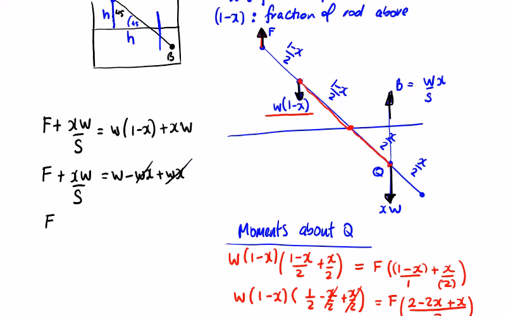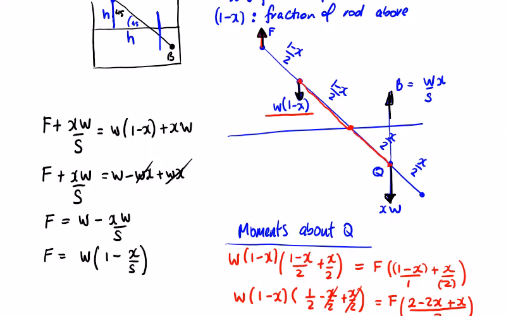So we're going to get F is equal to w minus x times w over the relative density. And if we factorize out w, it'll probably make sense here. So F is equal to w times 1 minus x over s.